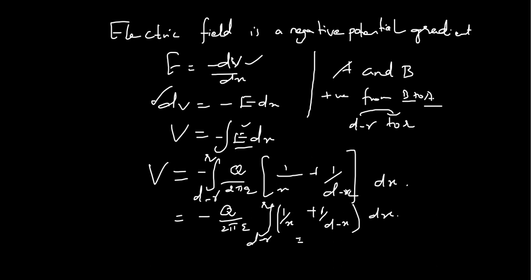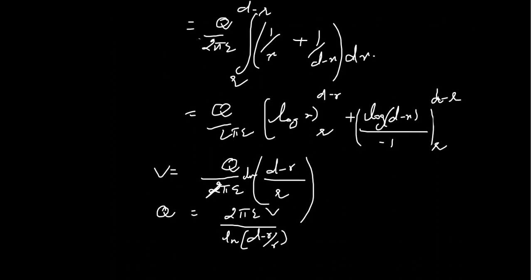The constants are taken outside the integral, so the integral over d minus r to r of 1 by x plus 1 by d minus x, and in the next slide we can see the Q by 2 pi epsilon naught.